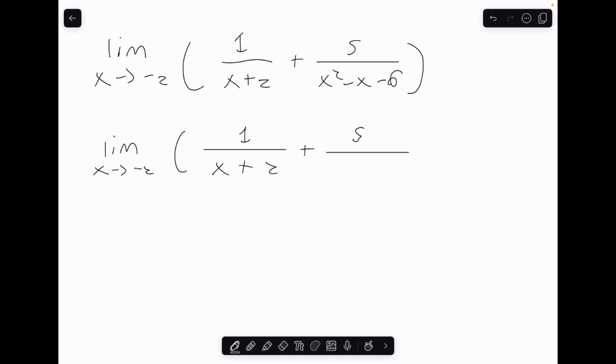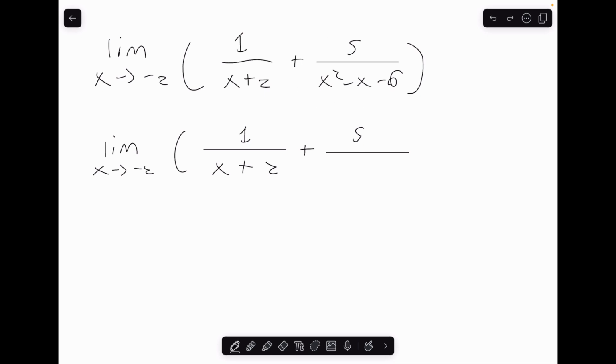So this gets a little bit tricky because sometimes in these problems, you need to actually factor first before you find a common denominator. And in this case, you do. So our first expression, 1 over x plus 2, is fully factored. It's fine. We just leave it alone. But our second expression, 5 over x squared minus x minus 6, is not fully factored.